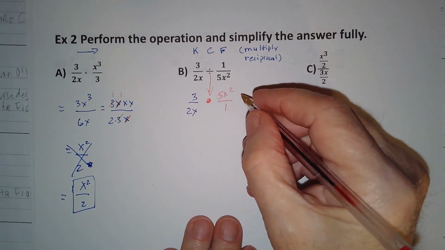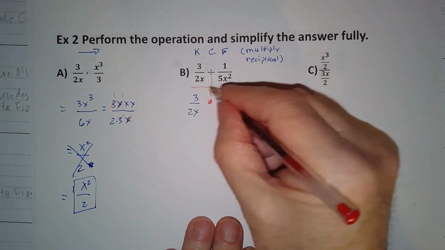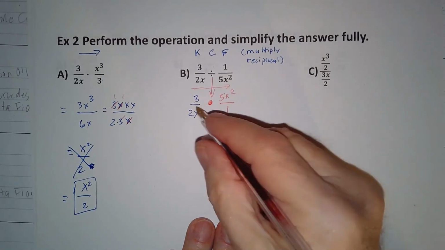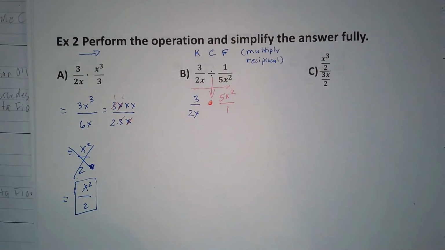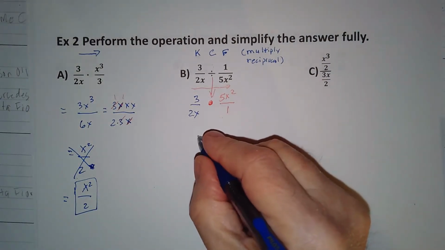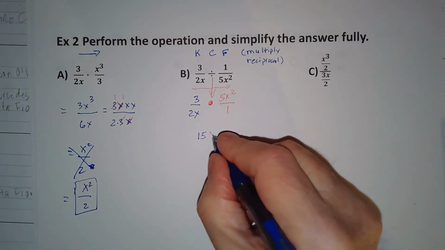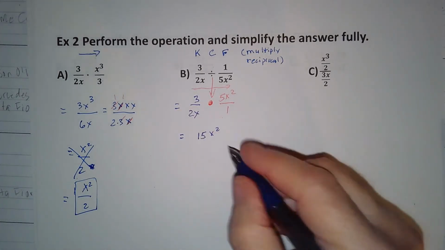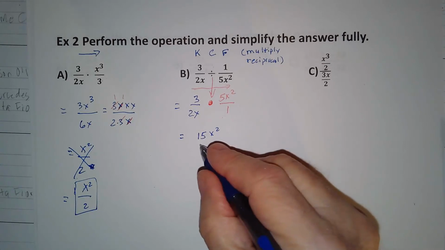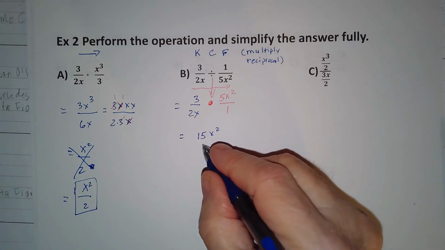And so again, remember that you're going to multiply across here. So 3 times 5x squared. 3 times 5 is 15. And so you have 15x squared. And then in the denominator, you have 2x.